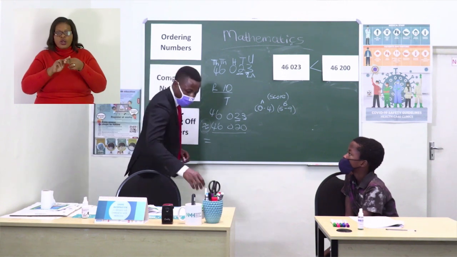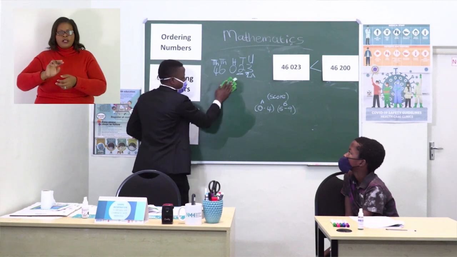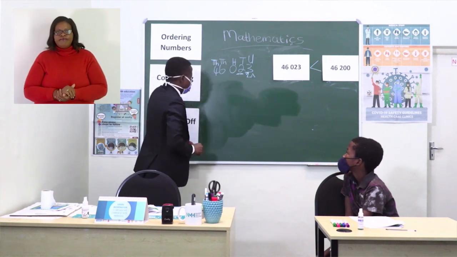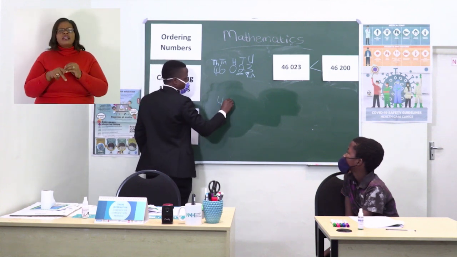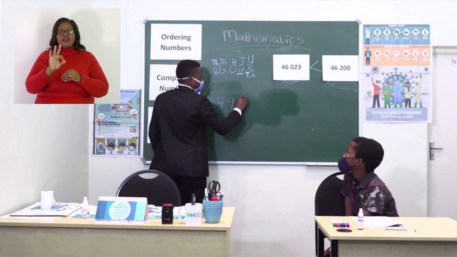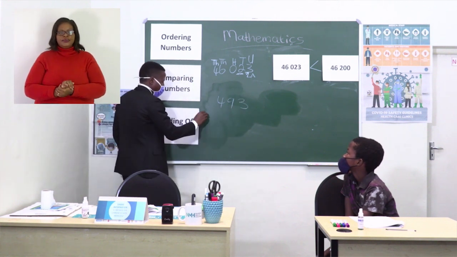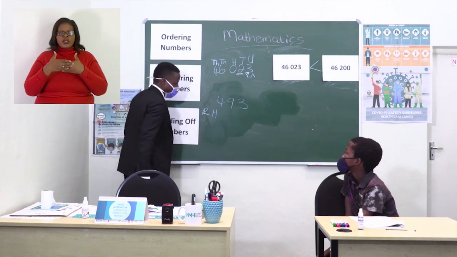I'll do another example, for you to understand it much, much better. Let us look at this number. I'll put a number here. I'll have 493. Then we have to say, round off this number to the nearest 100.